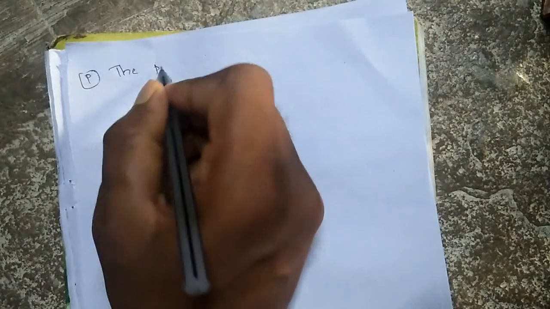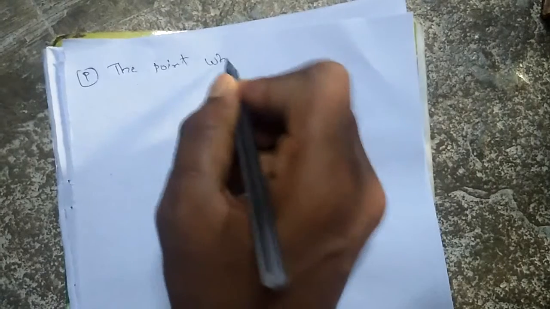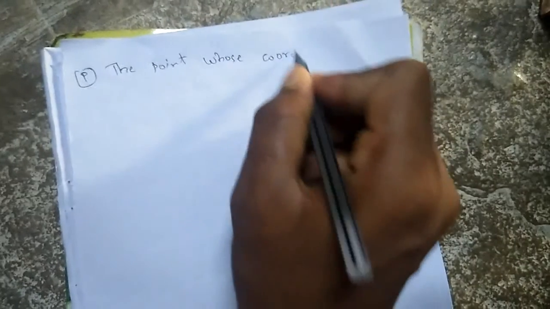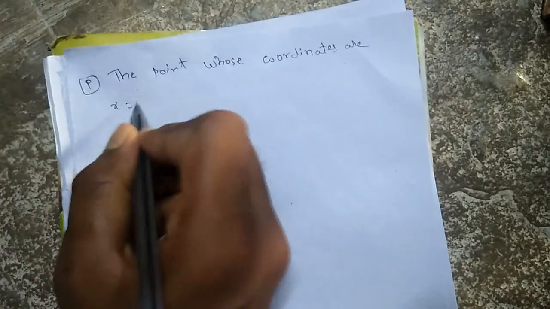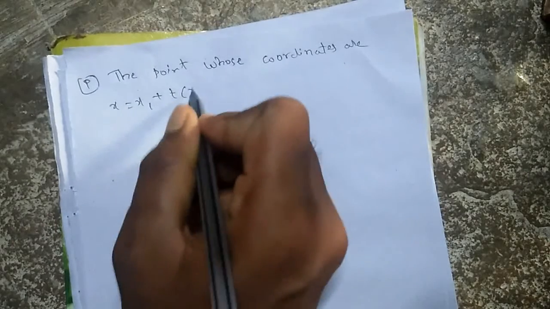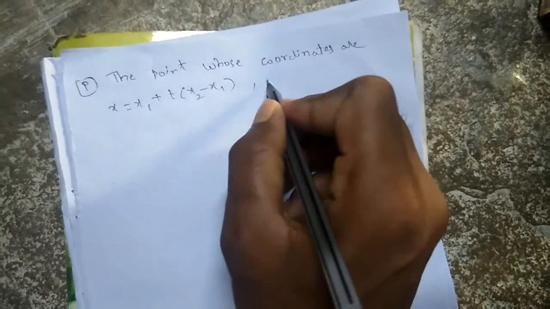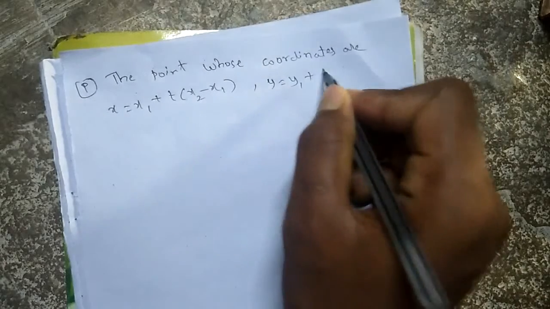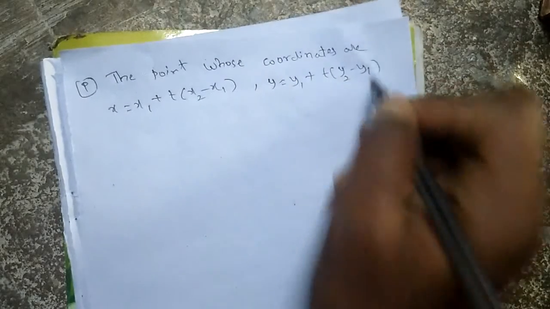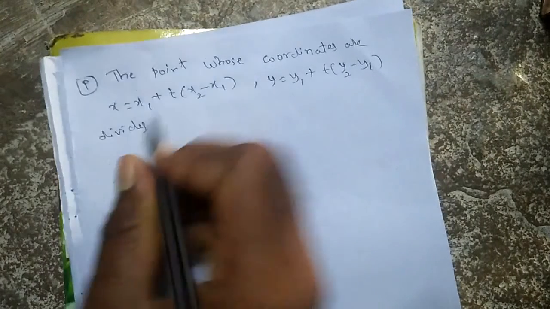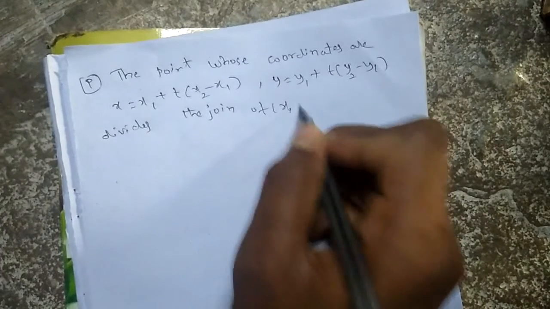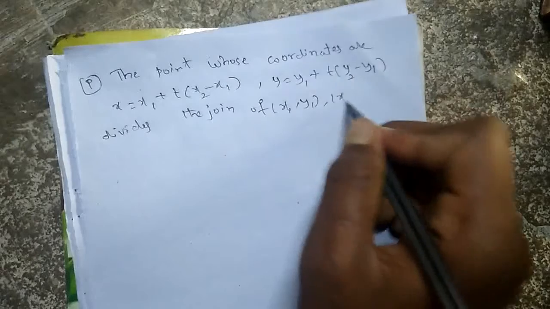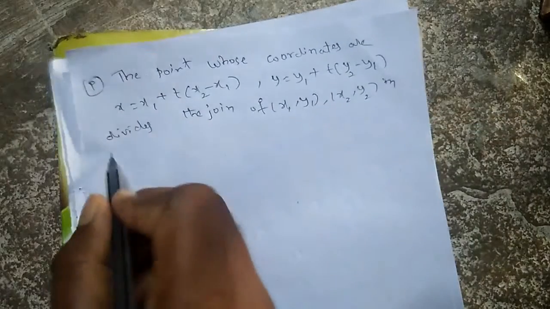Next problem: the point whose coordinates are x = x1 + t(x2 - x1), y = y1 + t(y2 - y1) divides the join of (x1, y1) and (x2, y2) in the ratio.